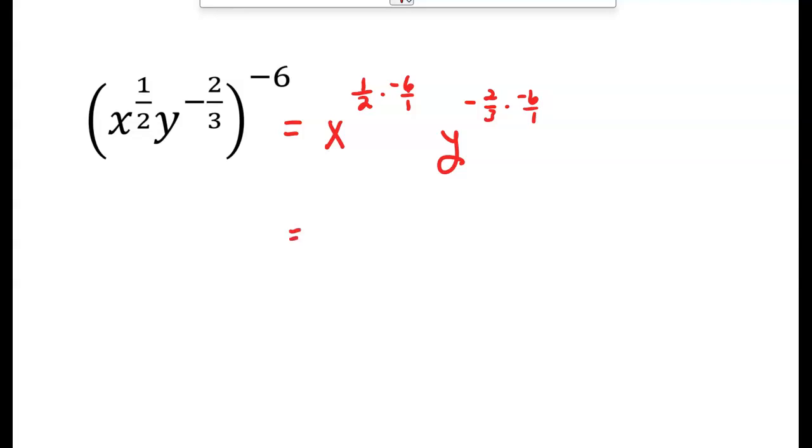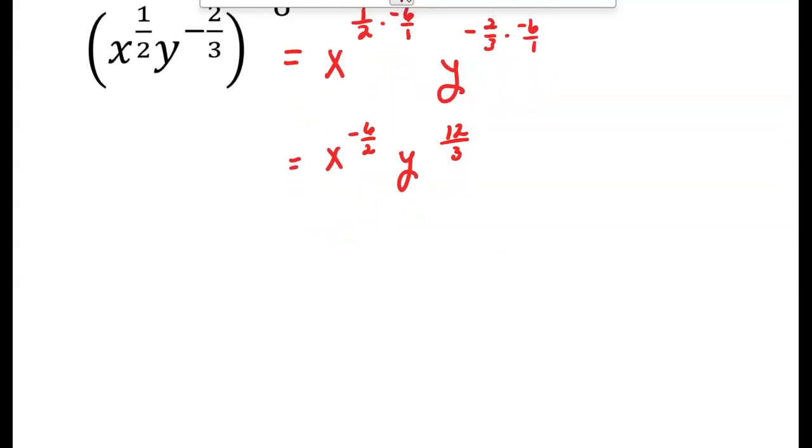But when you do that, it gets really nice because that's x to the negative 6 over 2. This becomes y. What's a negative 2 times a negative 6? Positive or negative? Positive 12 over 3. Do you see where this is getting nicer then? So I get x to the negative 3, y to the, are we done?